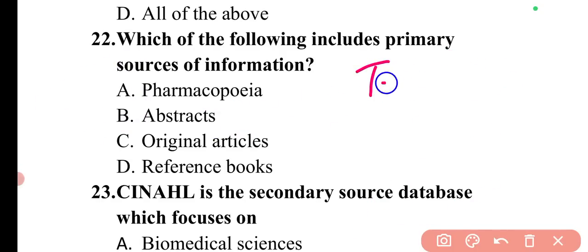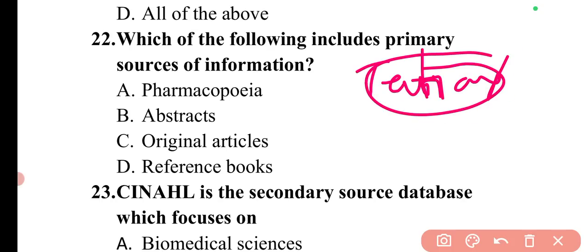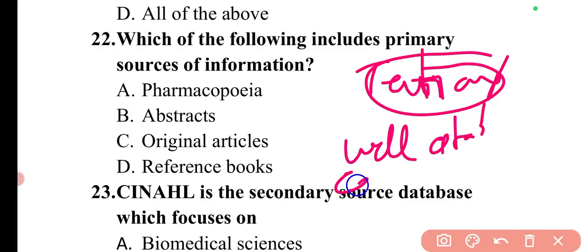Then there are tertiary sources. Tertiary sources are basically where the information contained is well established and easily accessible information, and it is preceded by the primary literature. So basically it does not provide the updated information.